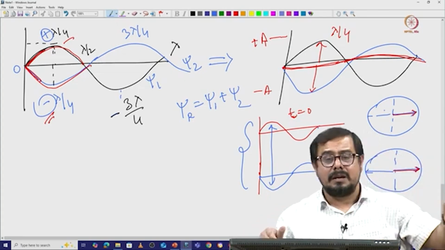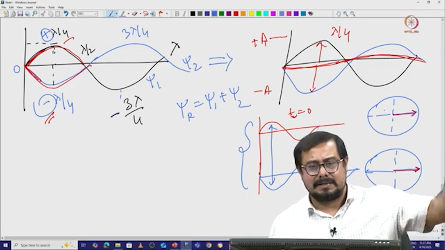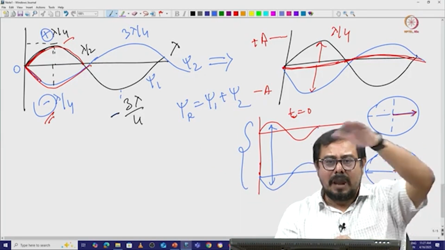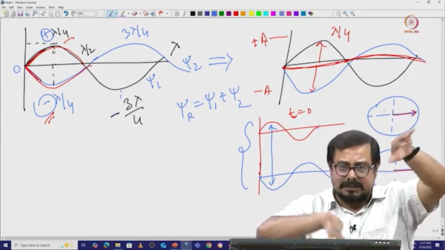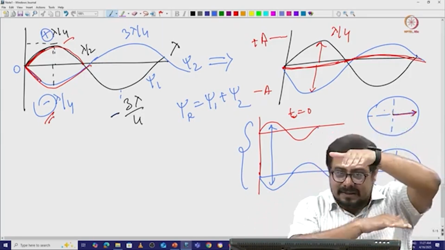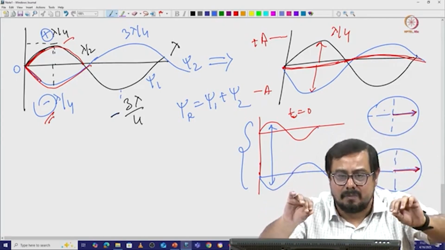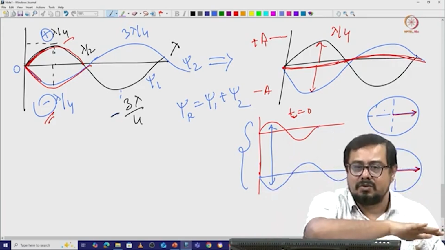On the other hand, if one wave propagates in this direction and the other wave goes in that direction, what will happen? There is a phase difference between these two, so they will just neutralize each other. So, you can see only a small wave going.